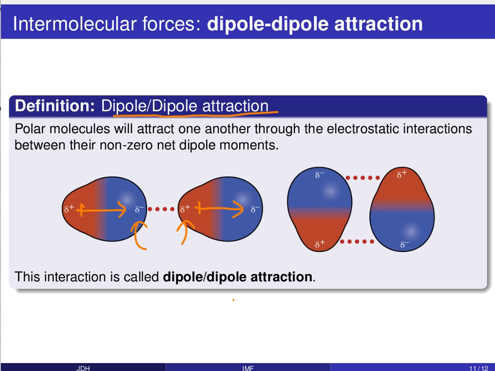You could do this in a head-on fashion, or you could do this in a side-to-side fashion, as we're illustrating here on the right-hand side, where the negative of the first dipole is close to the positive of the second, and the positive of the first is also close to the negative of the second. Either of these arrangements or any variations thereupon are examples of dipole-dipole attraction.